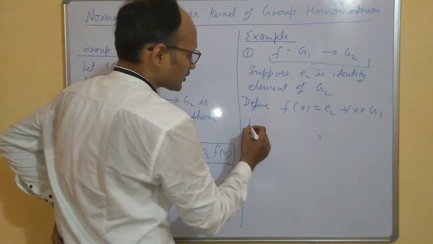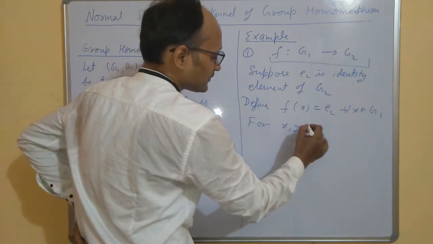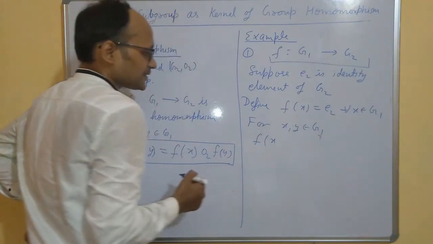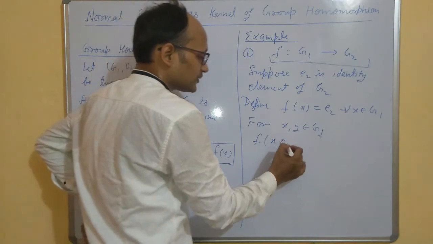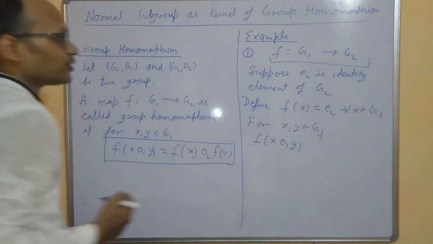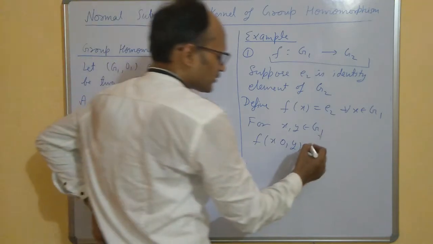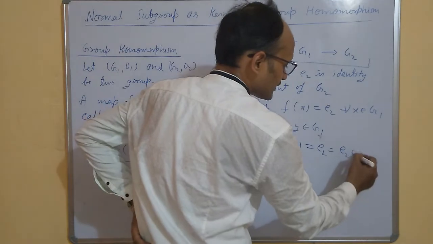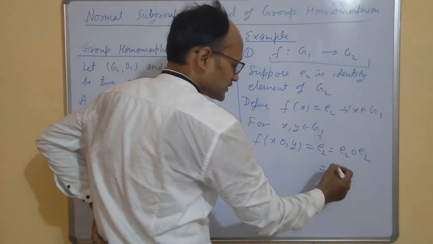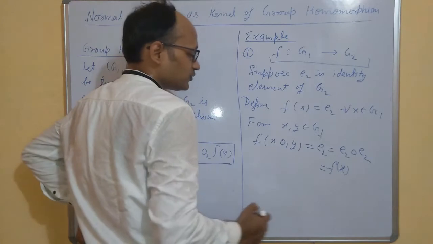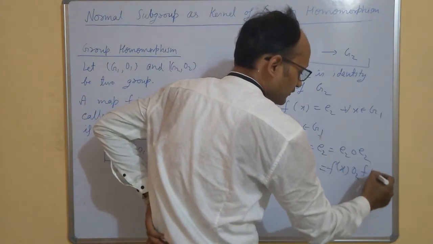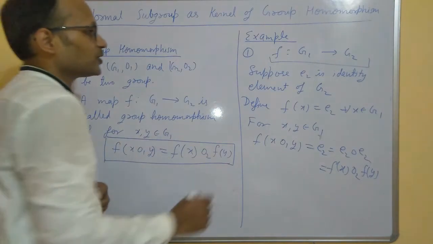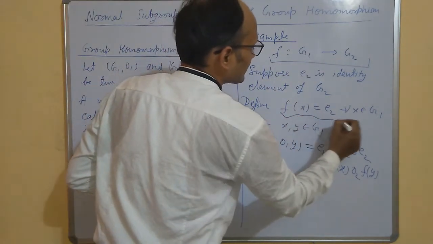Why? Because if we take two elements x, y in G1, then f(x O1 y), where O1 is the operation of G1, will be equal to E2, because each element is going to identity, and E2 can be written as E2 O2 E2, which is f(x) O2 f(y). So it is true for all the elements, so it is a group homomorphism.